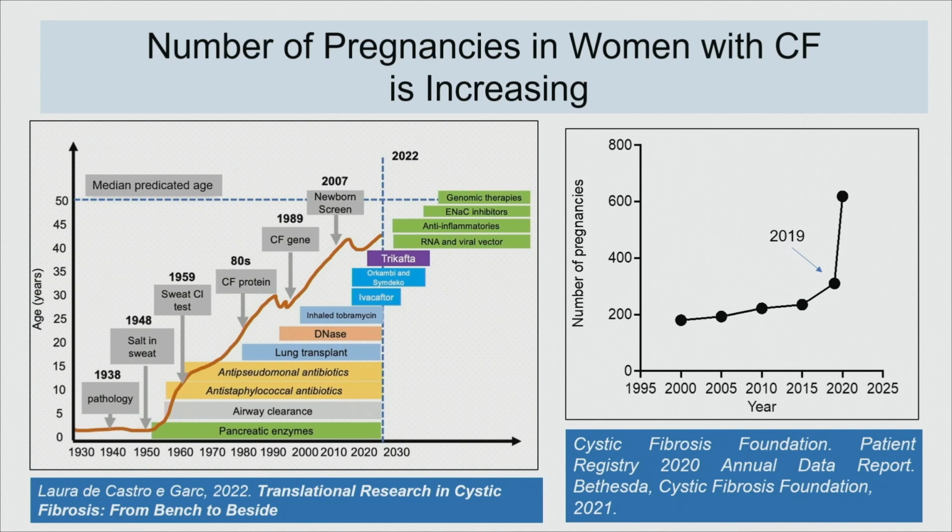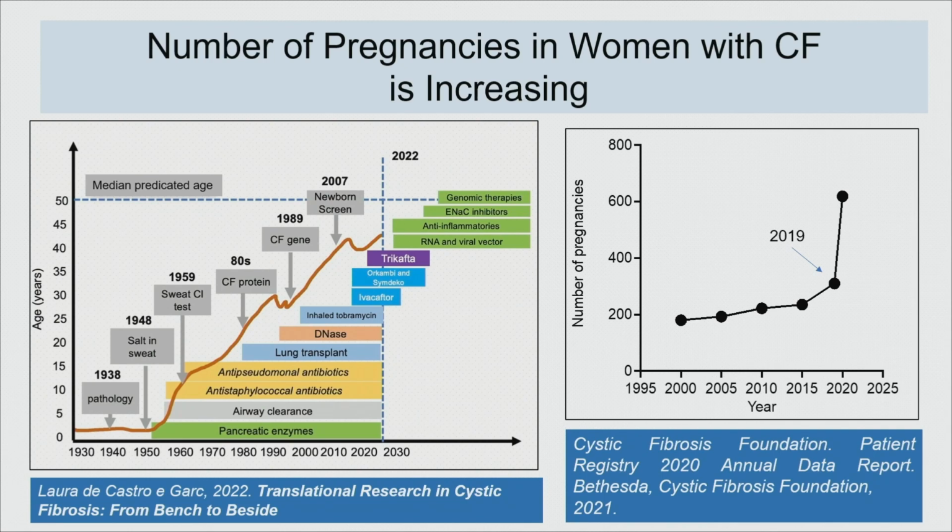We have known that with therapeutic method development, especially the introduction of CFTR modulators, the lifespan and survival rate of people with CF have dramatically increased. So it's not surprising that many men and women want parenthood.